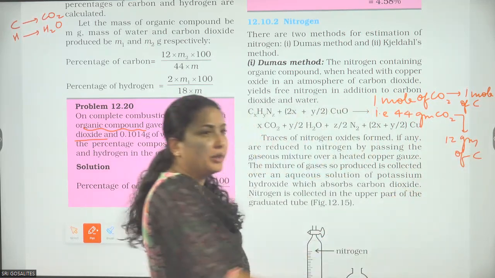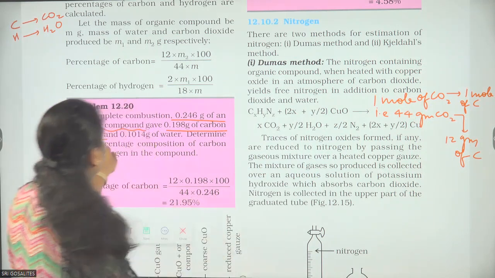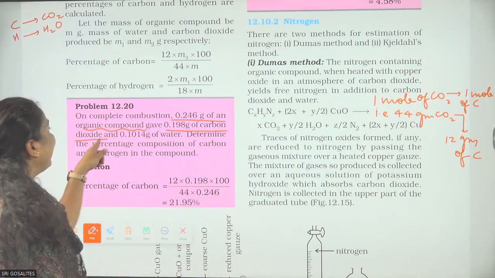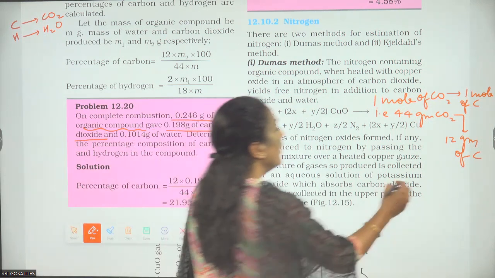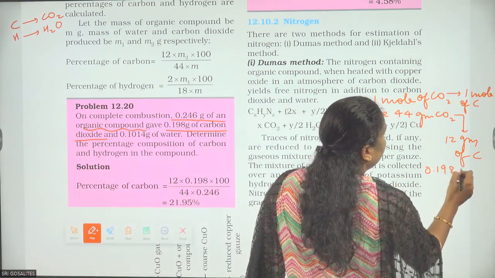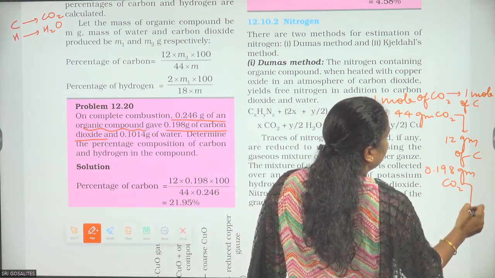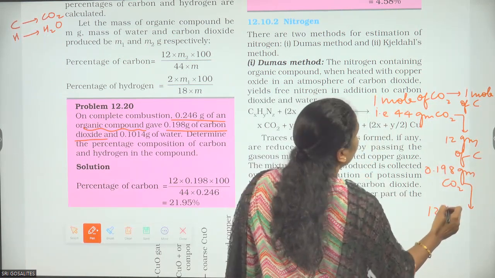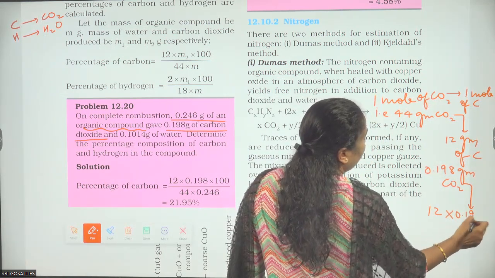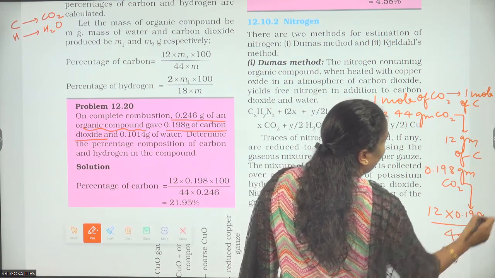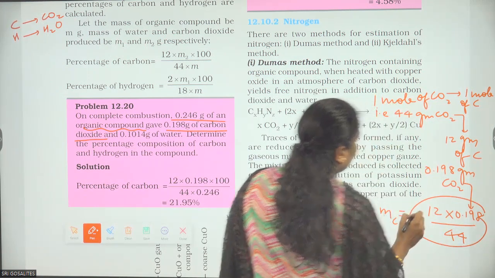You can do this easily. Now in the question, they mention that 0.198 gram of carbon dioxide is formed. So 0.198 gram of carbon dioxide corresponds to how many grams of carbon? This will be 12 into 0.198 upon 44. This is the mass of carbon which you got.